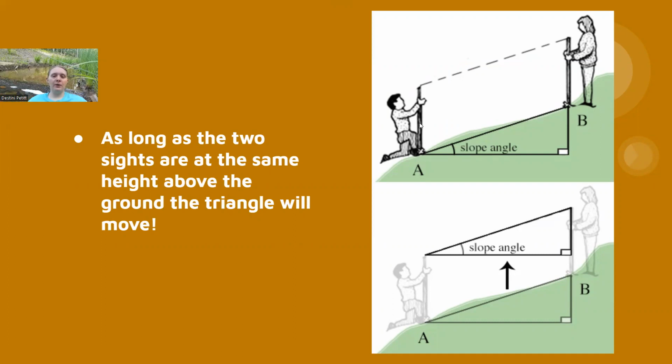So if he put his in at 2 foot above the ground and she put hers in at 2 foot above the ground, as long as they're at the same height above the ground at that particular location, then this triangle will actually move up, and we can then take those measurements and determine the elevation change in that area.